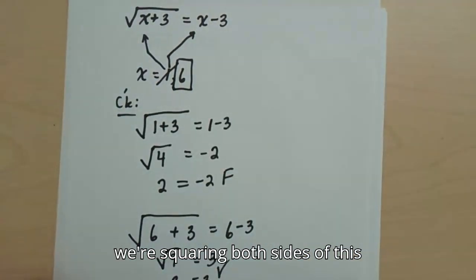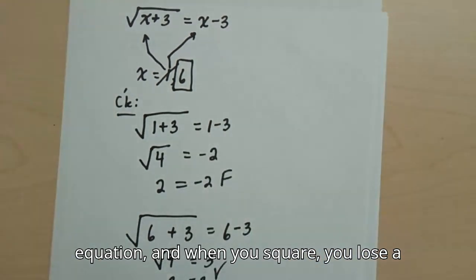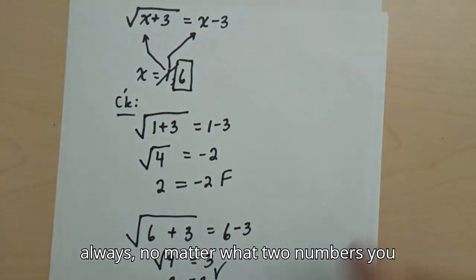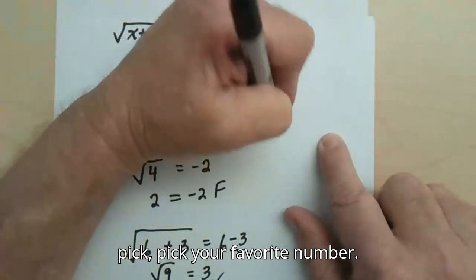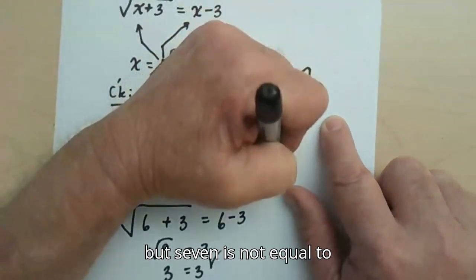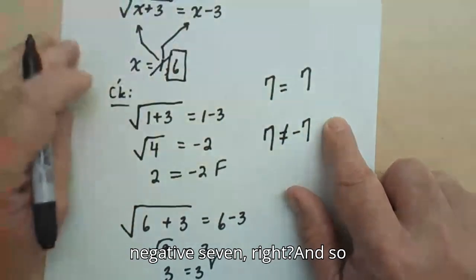It's because we're squaring both sides of this equation, and when you square, you lose a piece of information. See, no matter what 2 numbers you pick, your favorite number, 7 is equal to 7, but 7 is not equal to negative 7, right?